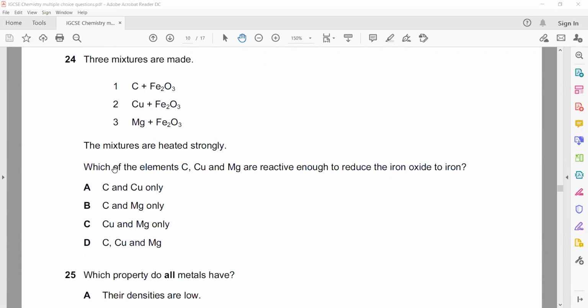Three mixtures are made. The mixtures are heated strongly. Which of the elements carbon, copper, magnesium are reactive enough to reduce the iron? So what you have to do, you have to check the reactivity series for that.